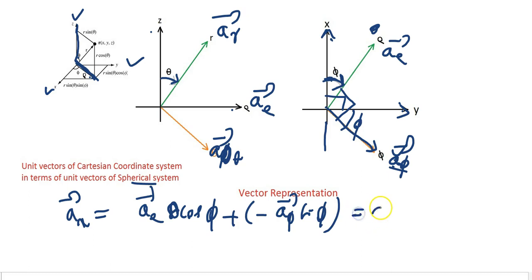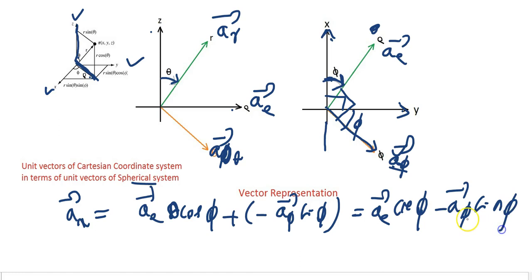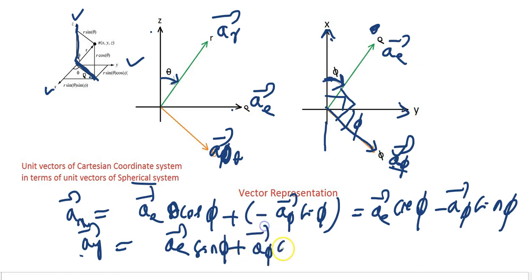So I got A rho cos phi minus A phi sin phi, as we have already seen in the cylindrical coordinate systems. Similarly, you can write AY. AY is your A rho sin phi, then plus A phi cos phi.